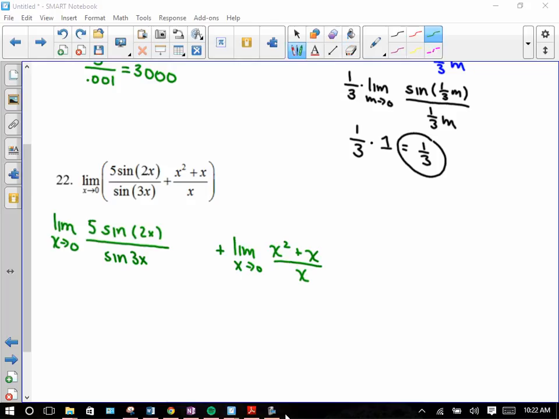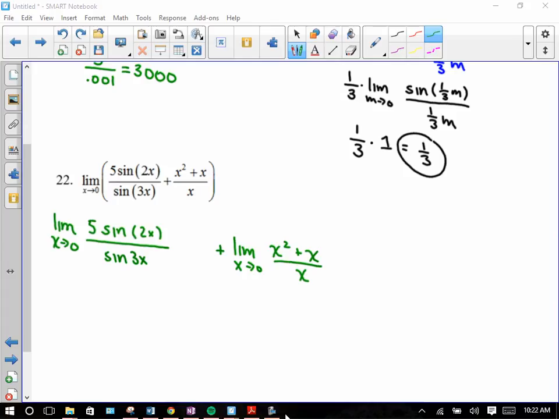Right. So, can I get a 2x there? Can I multiply by something to get a 2x on the bottom? If I do 2 over 2, that would give me a 2x, but do I have any x's down here on the bottom besides the one that's involved in the sine?